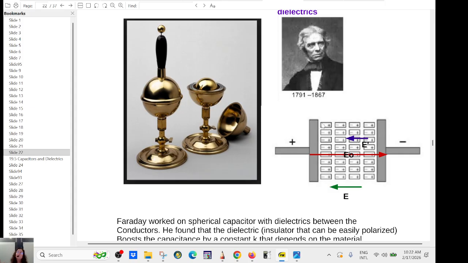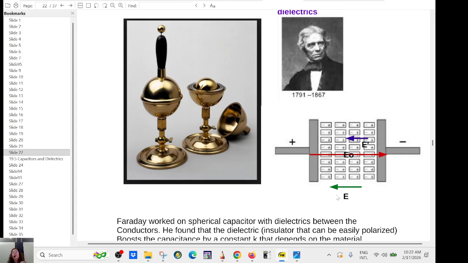You cannot have electrons moving all to one side and the plus left behind. But the molecule gets polarized. It's called polarization. So you're going to have minus, minus, minus on one side, plus, plus, plus on the other side. So now inside here, you have another electric field because it goes from plus to minus inside, and it will make the total electric field weaker. But still, it will boost the capacity.